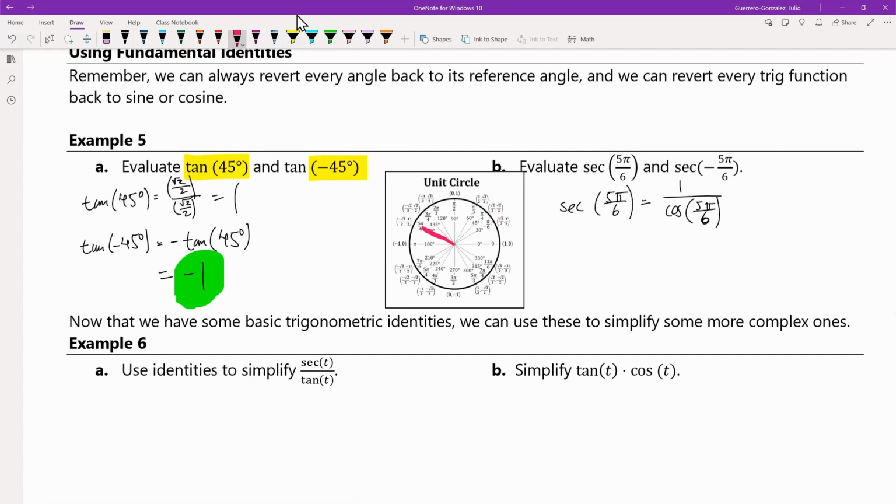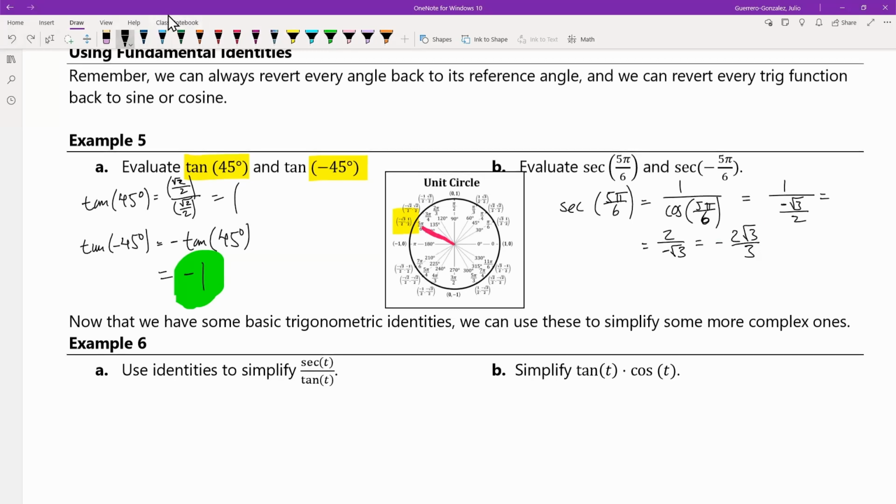We need these two values, in particular the cosine. 1 over negative root 3 over 2. And if you compute this all out, you get 2 over negative root 3, which is negative 2 root 3 over 3. Oh, nope, not done yet.